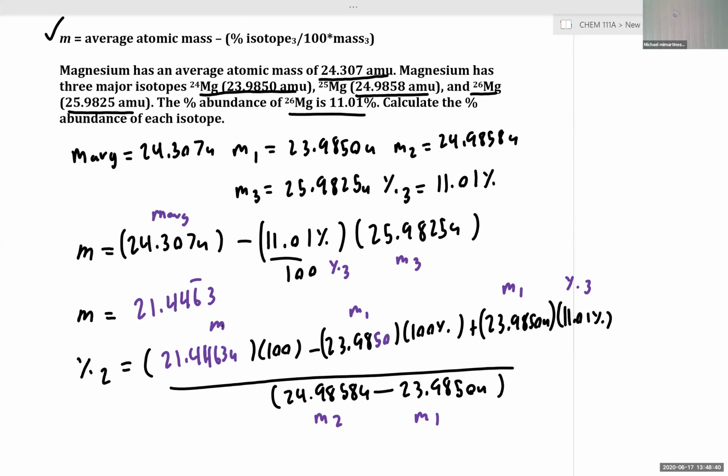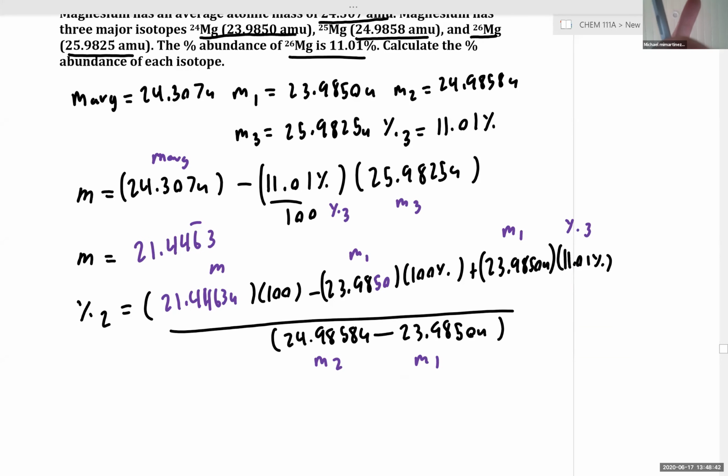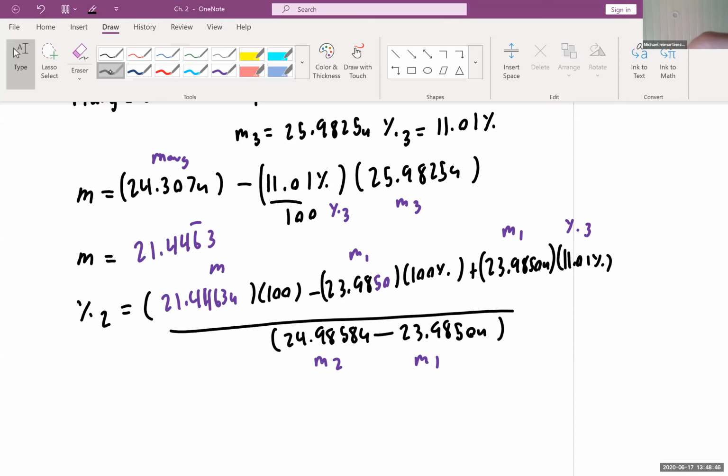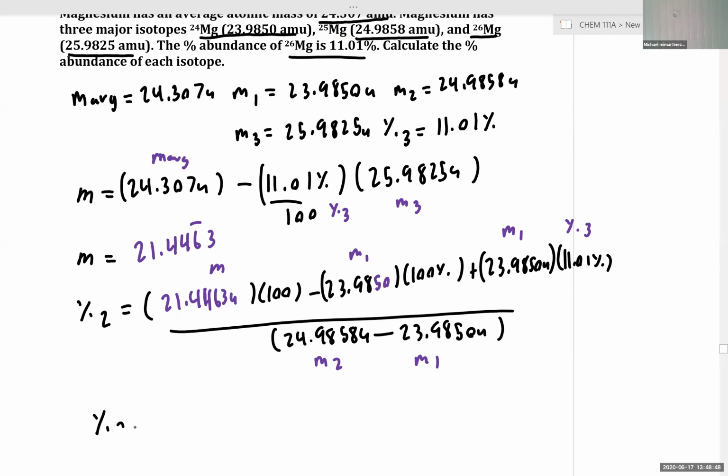And if you've done everything correctly in the first top line of your calculation, you'll get the percentage of isotope 2 is equal to 10.20485, where we only care about 3 decimal places, and then divided by 24.985 AMU.